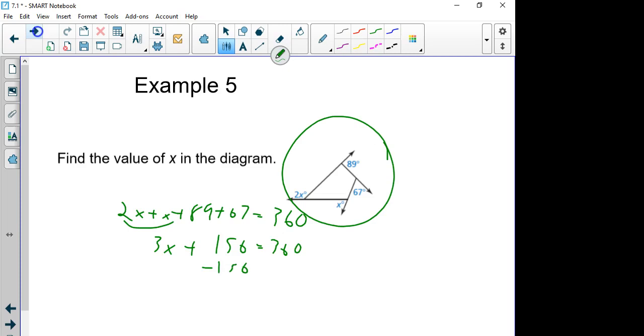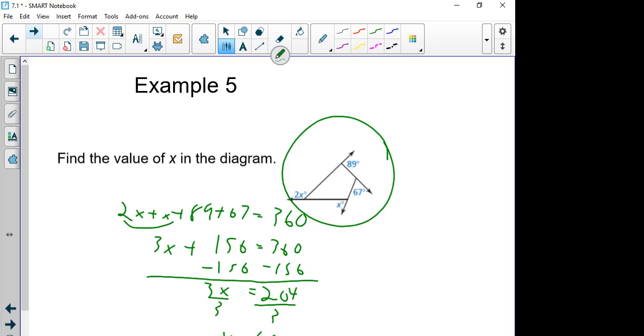I'm going to subtract 156. I'm going to get 204. And that's going to be divided by 3. Oopsie, wrong number on the calculator. 204 divided by 3 is 68. So x equals 68.